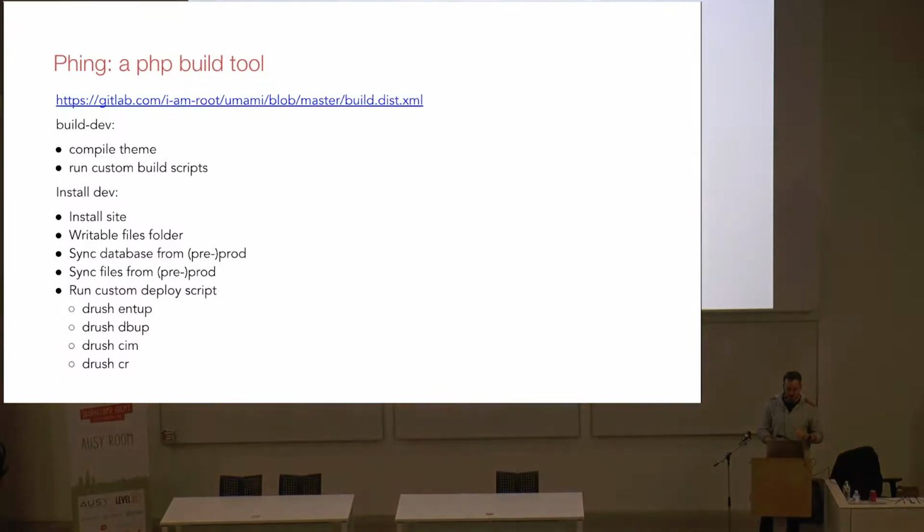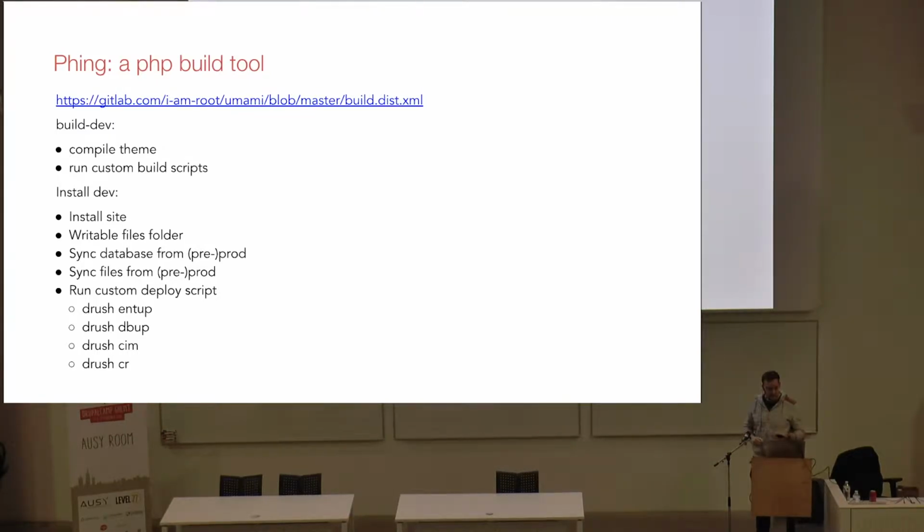Now, what is Phing? It's actually just a PHP build tool, and I've defined 2 stages in there: build dev, to compile a theme if it's needed, or to run some custom build scripts. After that, I want to install it.